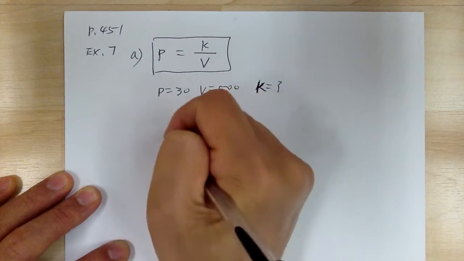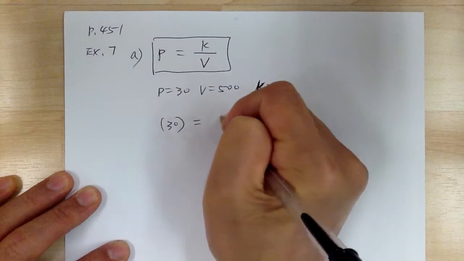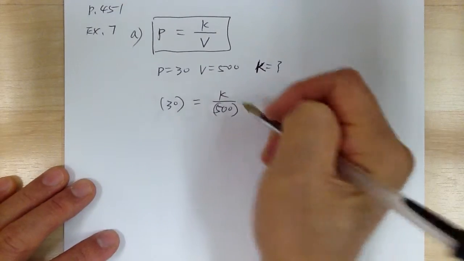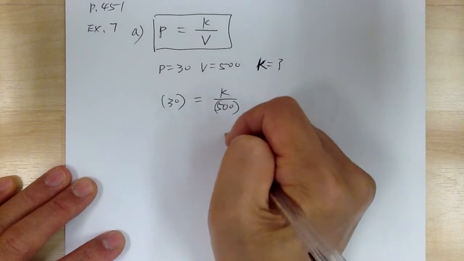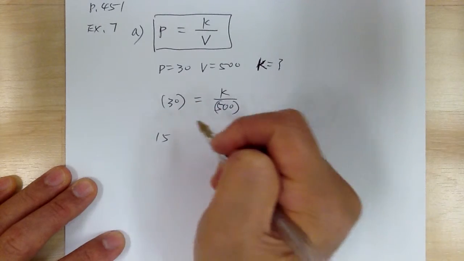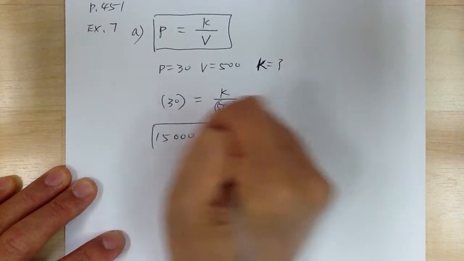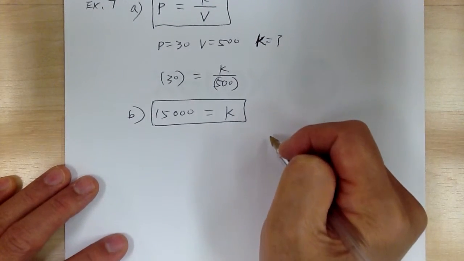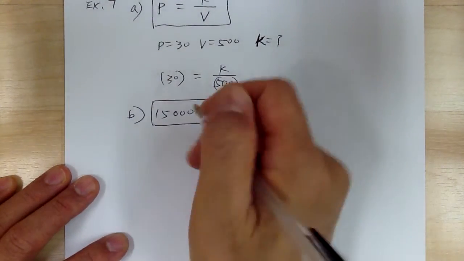So you substitute all this in here, so you got 30 equal to k over 500. So cross multiply or multiply by the common denominator. So you get 15 with 3 zeros. So that's your k. So that's part B. Then you go to part C. You update your equation.